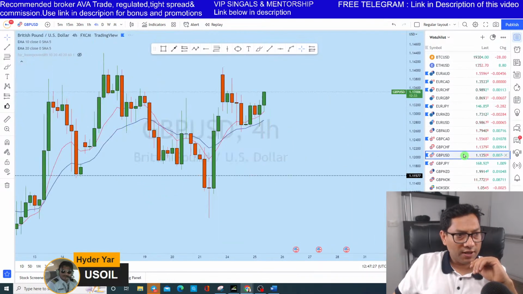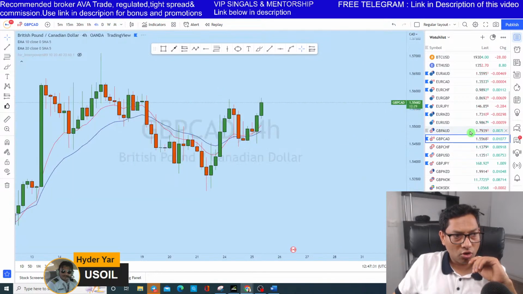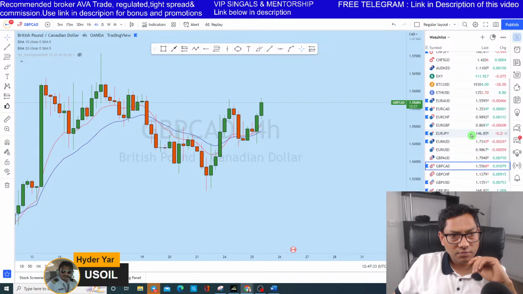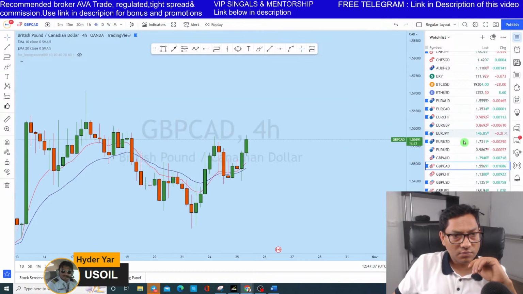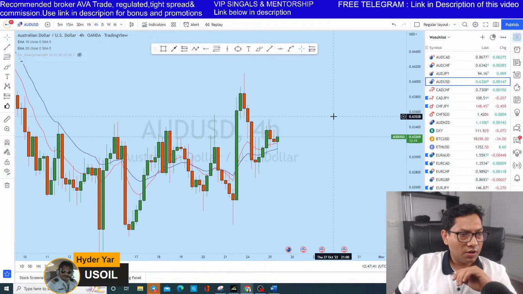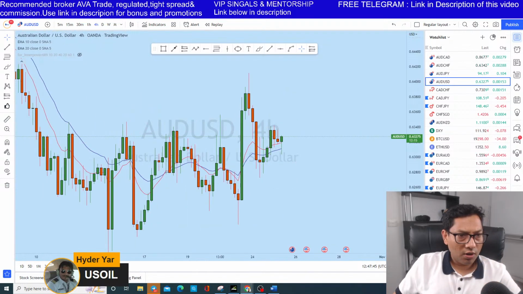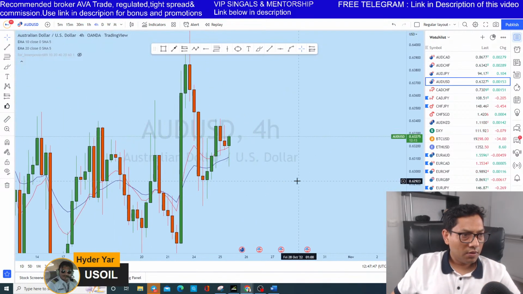So it looks like most of the pairs against the dollar are getting stronger. That means the Aussie dollar is getting stronger, and Aussie dollar getting stronger means GBP.